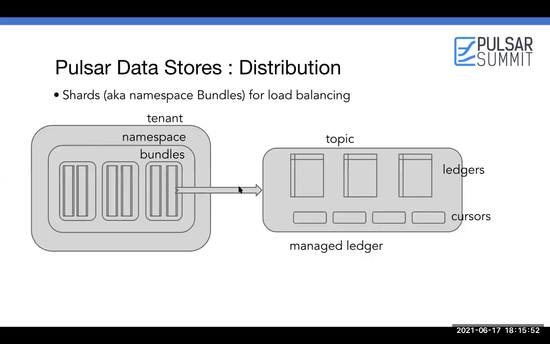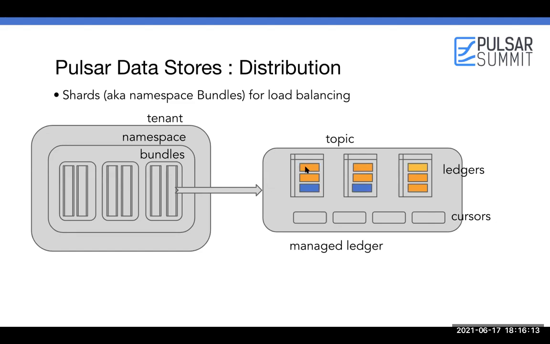A topic, as we have already discussed, is composed of ledgers and cursors, which are basically offsets in these ledger files for different subscriptions. And then you look at entries as part of these ledgers.